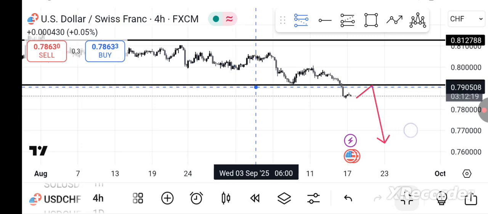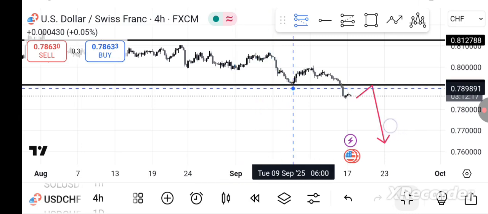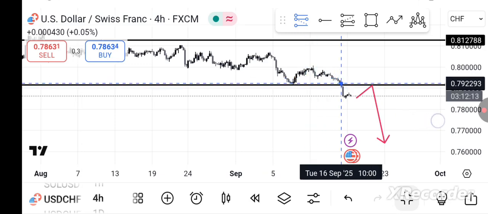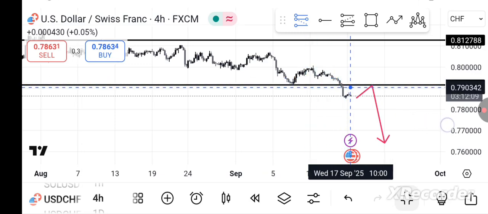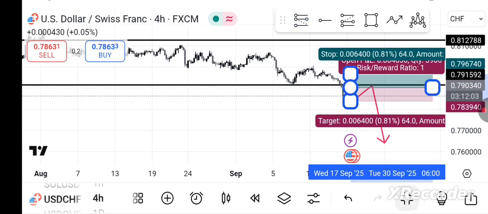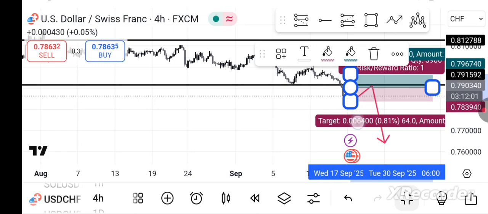I'm basically looking for an opportunity to sell, so I'll be using the short position. You can just place your position here. If it retests, I'll be looking for my chart pattern, right?